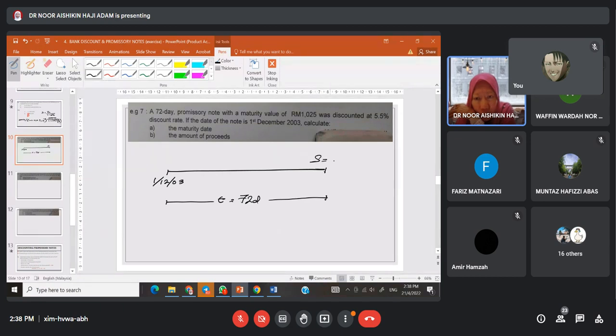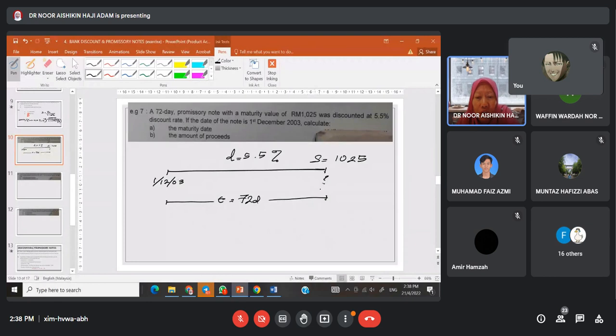Ingat kat sini lah kan? Where S equals to 1025. Apa date kat sini? But kejap. This is 5.5%. D bukan R. 5.5%. Okay.